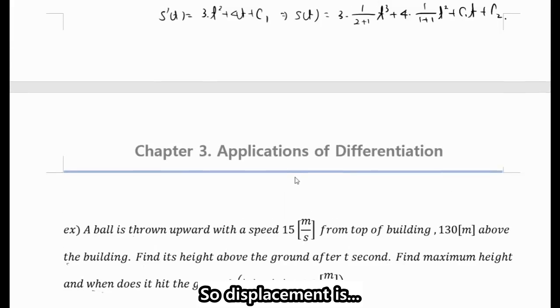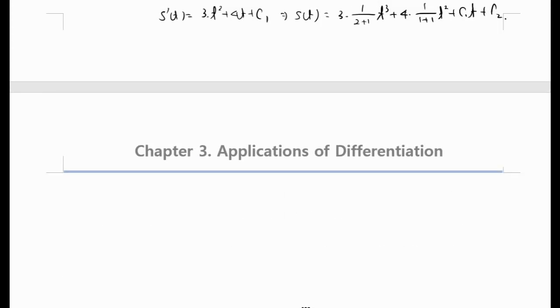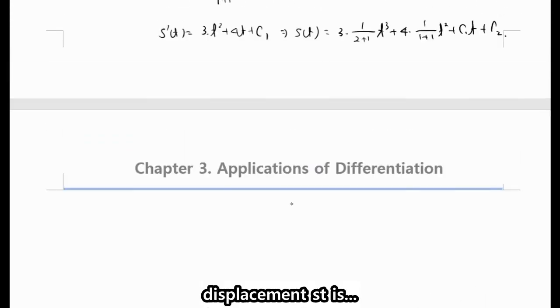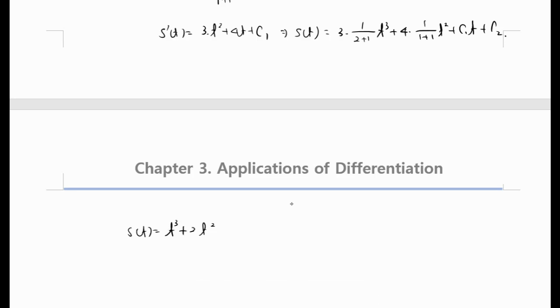So the displacement s(t) is t cubed plus 2t squared plus c1 t plus c2.